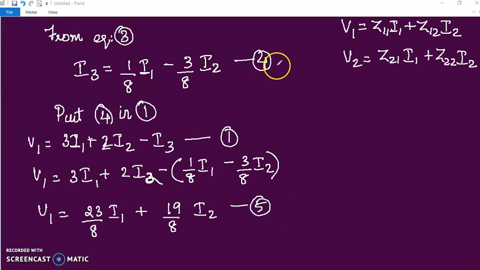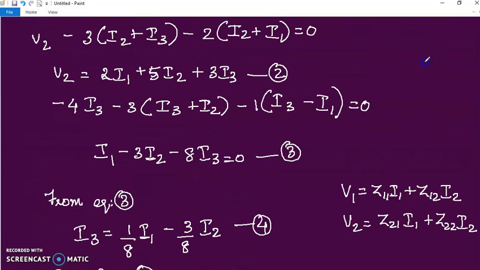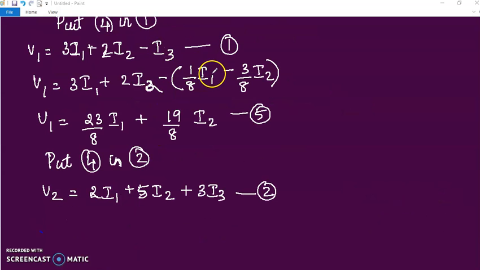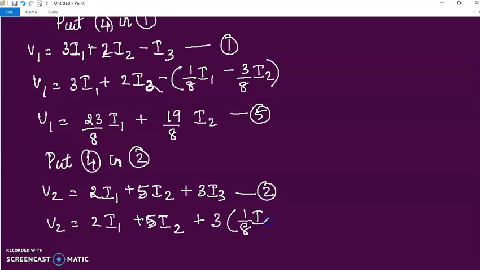Now we have to put this 4 in equation number 2. This is the equation number 2. So we can put this I3 here. V2 is equal to I1 plus 5 I2 plus 3 into 1 by 8 I1 minus 3 by 8 I2.